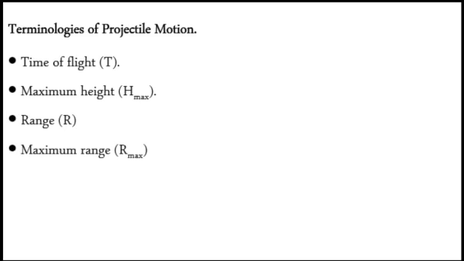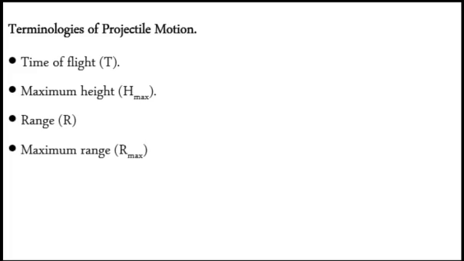Alright, let's look at terminologies that can be used to describe projectile motion. We have just 4 of them that we are going to itemize here. One, we have time of flight. This one, we have capital T and small t. The small t is the time it takes to reach maximum height, while capital T is time of flight. Then maximum height, we have range, and we have maximum range.